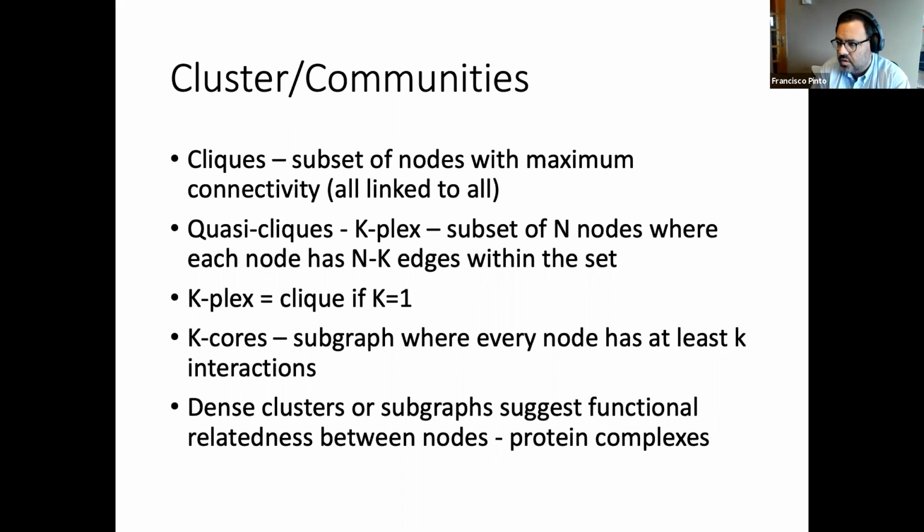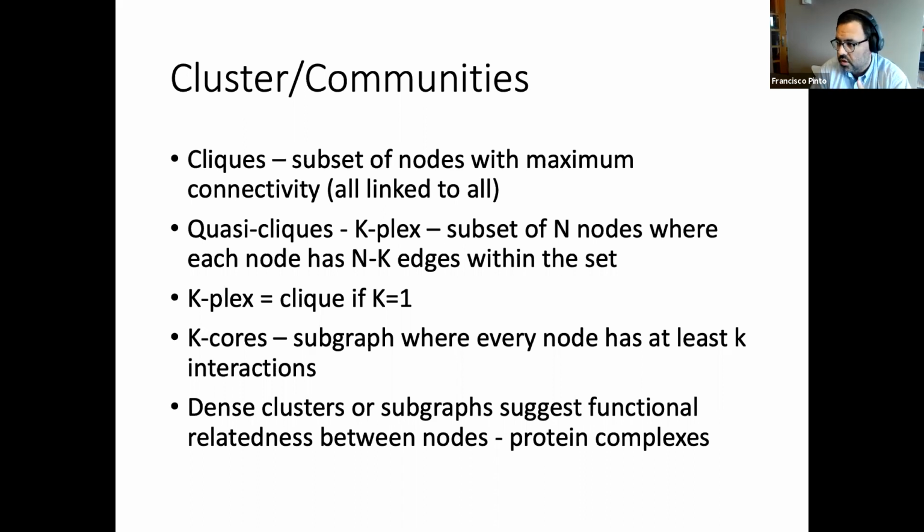Okay? So the full graph is a 1-core network, because if the graph is connected, every node in the graph has at least 1 interaction. So the minimum degree in the graph is 1 if the graph is connected. So the 1-core of a network is the actual graph, the original graph.